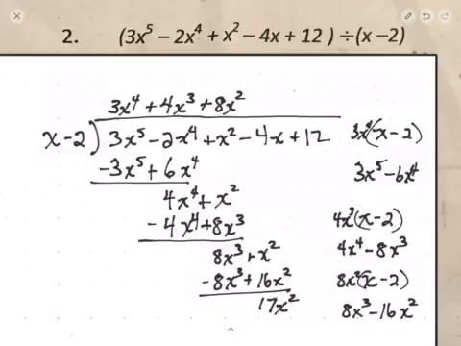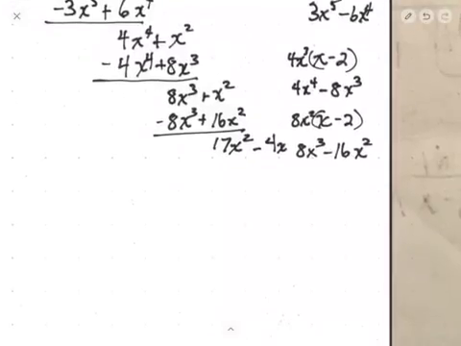And the next thing is going to be 4x. So what do we need to multiply by x squared? Maybe I should go down a little bit. Or go over here. X minus 2.